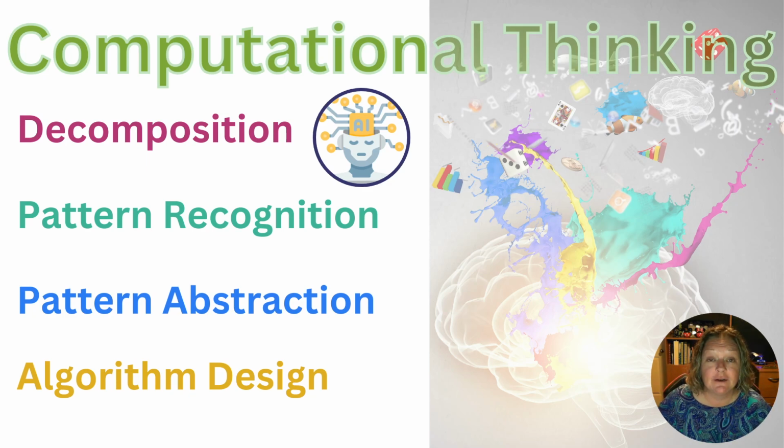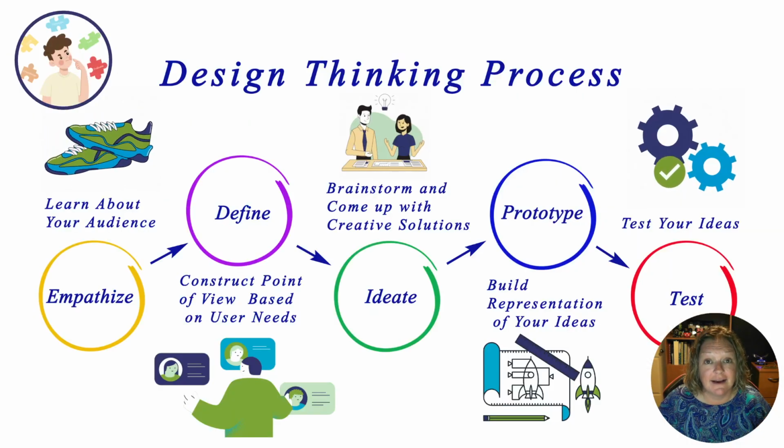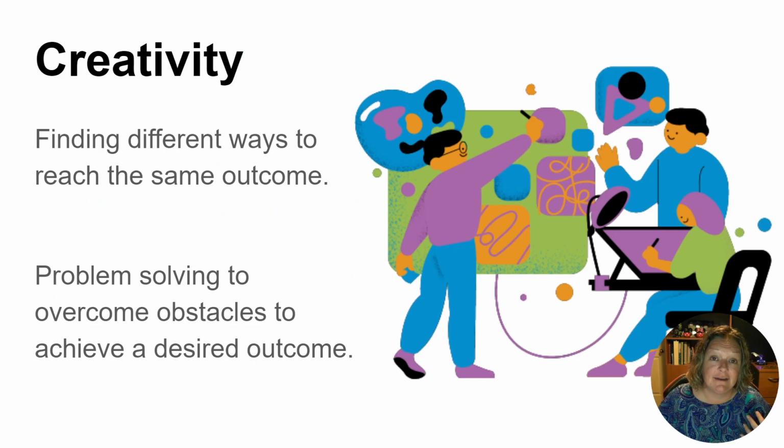So in kindergarten, we're talking a lot about instructions when we're looking at the knowledge, understanding, skills, and procedures. But the big idea, the organizing idea that exists all the way from kindergarten through grade 6, those common threads that tie everything together, are the ideas of computational thinking, design thinking, and creativity.